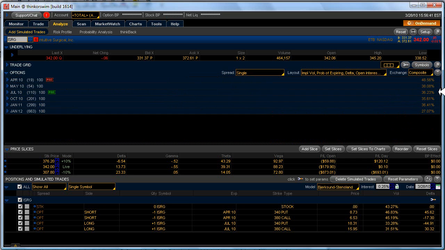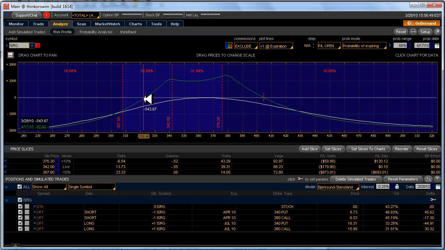That's actually 48 to 36, so that's a 12% spread on the implied volatility, which makes for, as you see here, a very wide base. You notice how the sidewall of the tent slopes very gradually, and that is due to the implied volatility difference between the front and the back month.